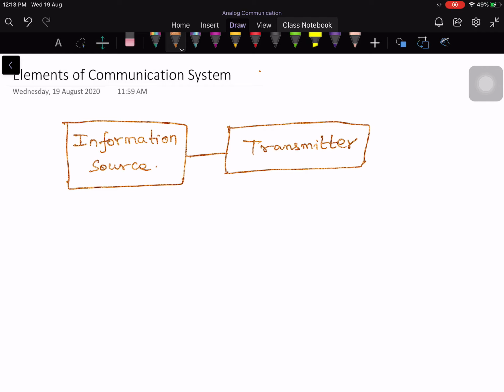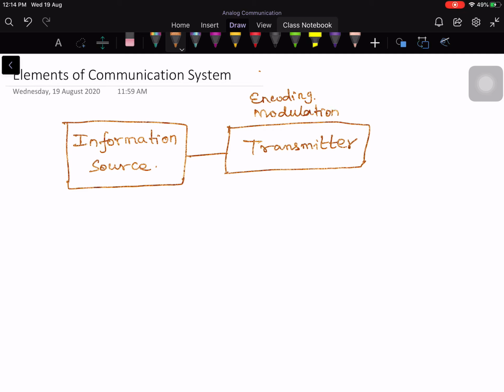Let me first complete the typical communication system and the major blocks it contains. In the transmitter, generally we do encoding, modulation and so on. Encoding is done here, then modulation is done here.